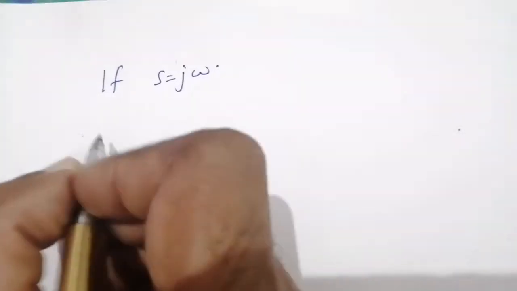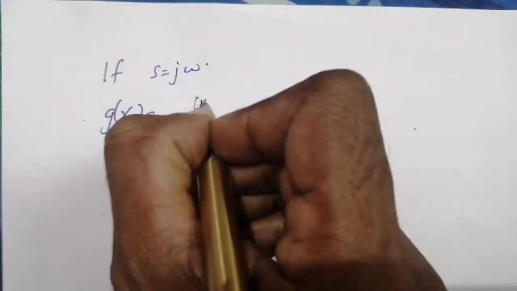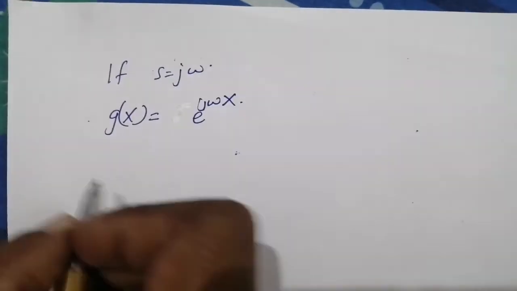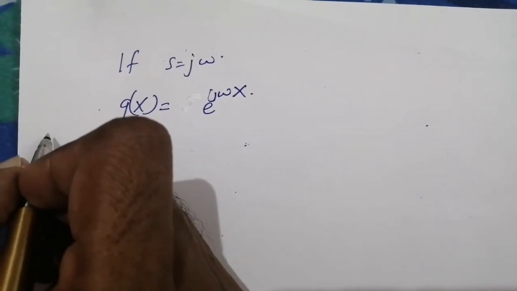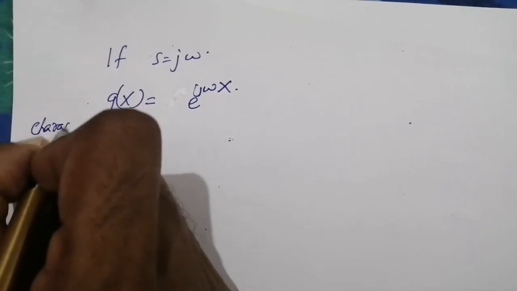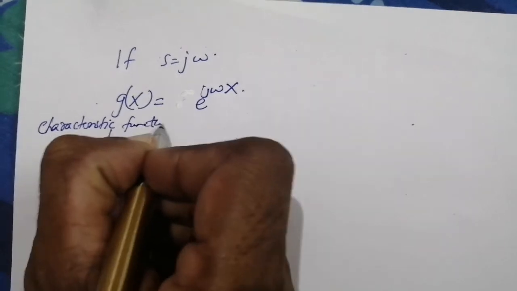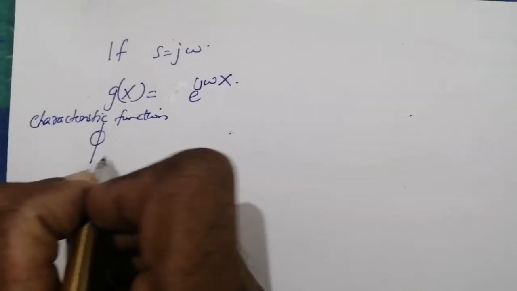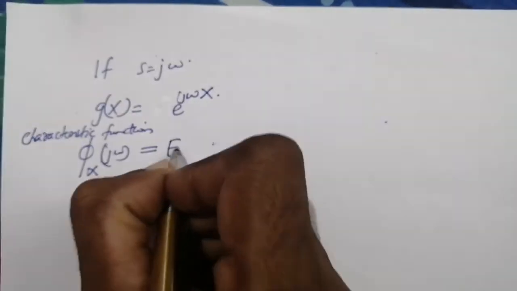Now, if s equal to j omega, then g of x is e raised to j omega x. I am defining a new function, which we will call the characteristic function, denoted as phi x of j omega, which is equal to the expectation of e raised to j omega x.